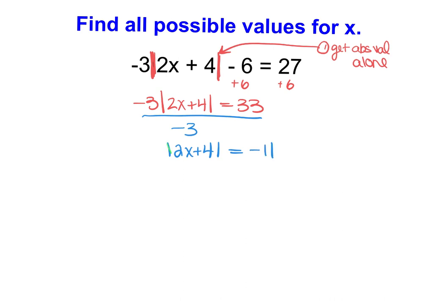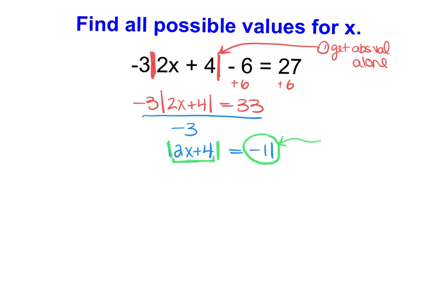So now that I have my absolute value completely by itself, I can start thinking about this inside piece and brainstorming what values that inside piece could equal in order to get an absolute value of negative 11. Now, I know absolute value represents distance, and this is saying that we have a distance, or an absolute value, distance from 0, of negative 11 units.